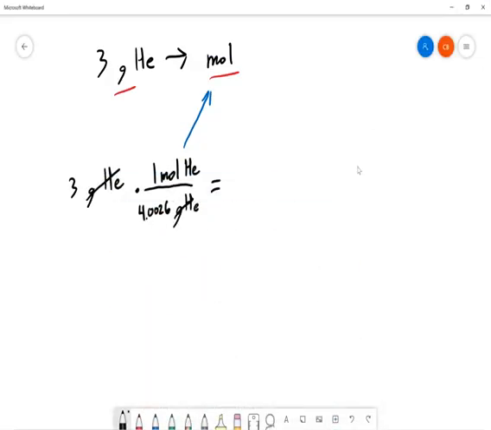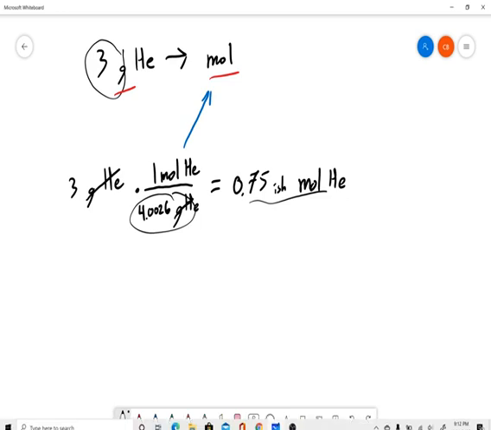Might as well just say 0.75-ish. And that is moles of helium. And this makes sense, right? 3 grams here is about 3/4 of what a mole is. So we have just about 3/4 of a mole of helium. Makes sense to me.